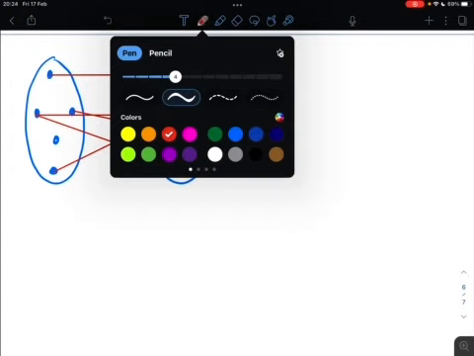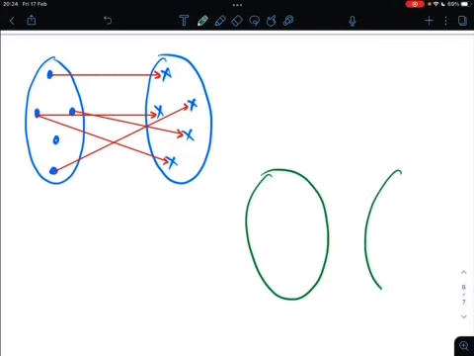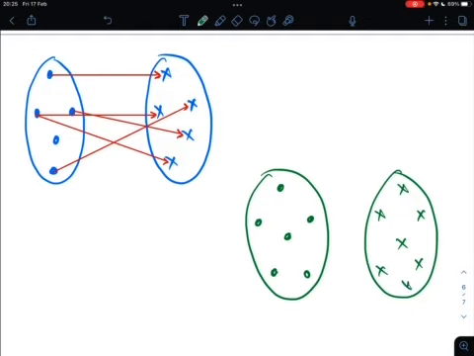And then let's draw another function which is not a surjection on this side, so that we can compare what it means to be surjective and what it means to be not surjective.